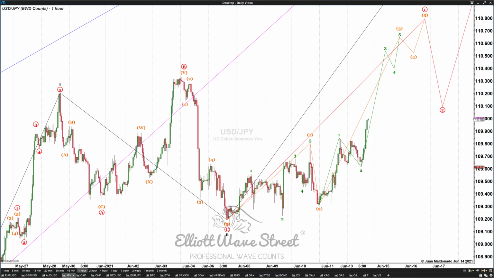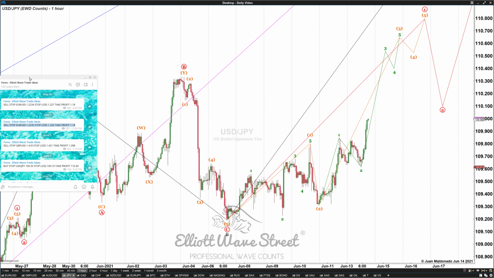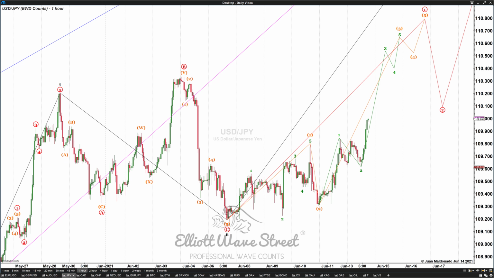So here, let me show you this trade. That was June the 7th. This one here at the 109.35 with a 30-point stop loss, 109.10, and well, a little bit more than 30 pips, and take profit 110.30. So I already booked half of my trade, and I'm looking for the other half here at 110.30.